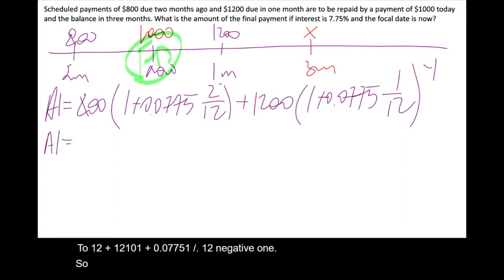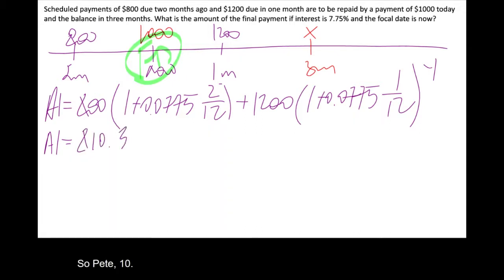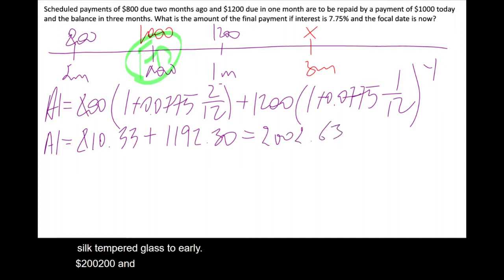So agreement 1, let's calculate. 810.33 plus 1192.30 is $2,002.63. That's agreement 1.